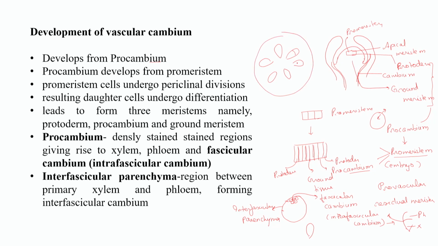So as such there is no cambium, but when secondary growth takes place, the layer between them, the interfascicular parenchyma, will give rise to interfascicular cambium. Then a complete ring of cambium will be formed. That means the fascicular cambium is primary in nature, present from the time procambium formation took place, and interfascicular cambium is secondary in nature because it arises at a later stage of plant growth. It is not present from the beginning.